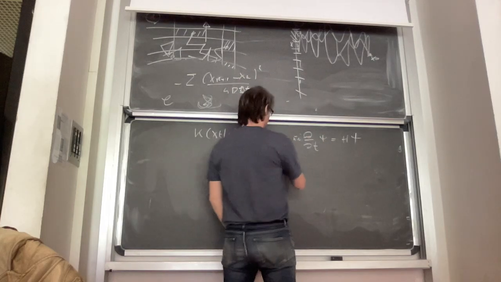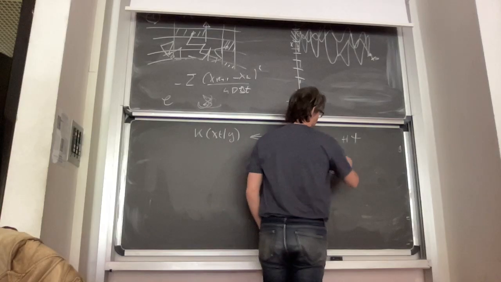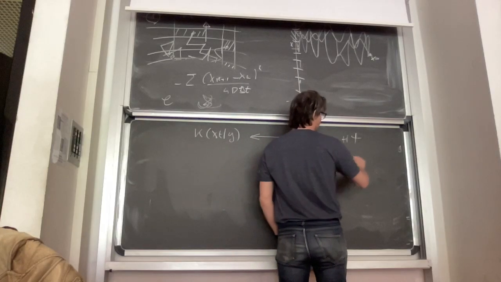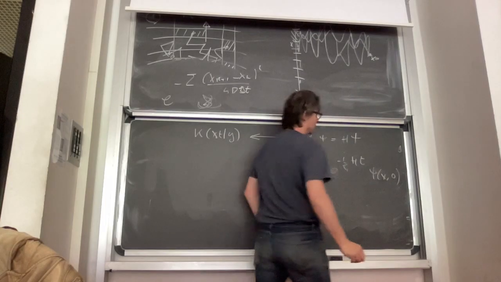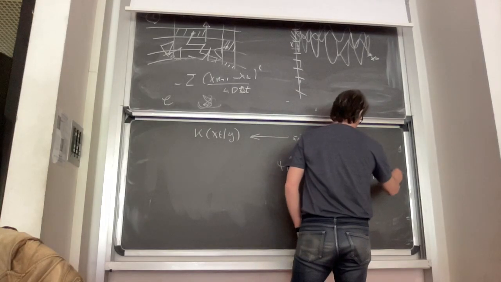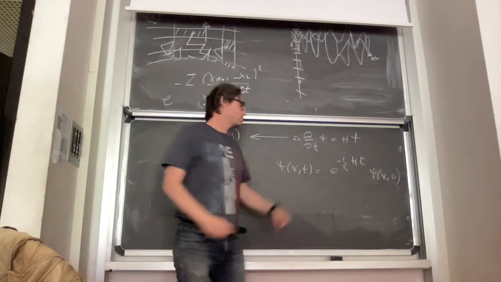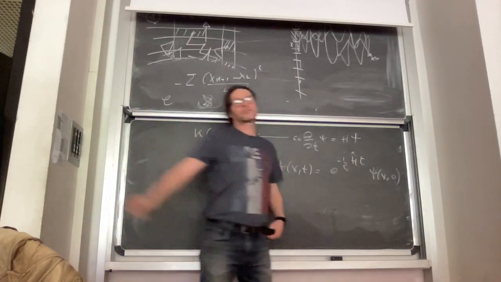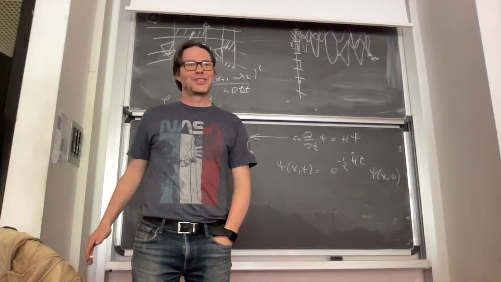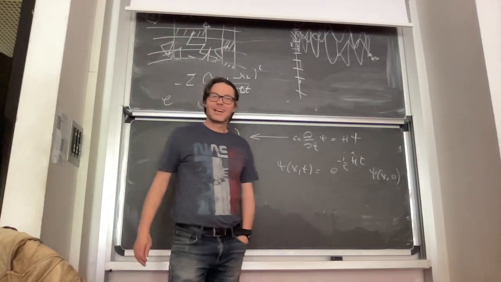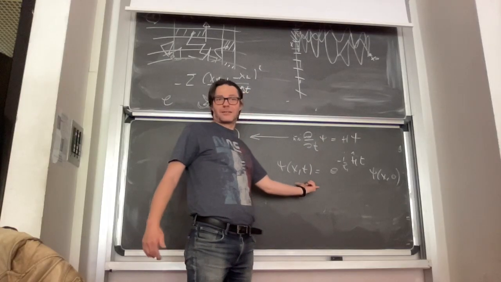The evolution is formally written by applying e to the negative i H t over h bar to the initial wave function. This is basically a formal equation at this level, because to compute this evolution operator you have to solve the Schrödinger equation. And this is what the path integral does.